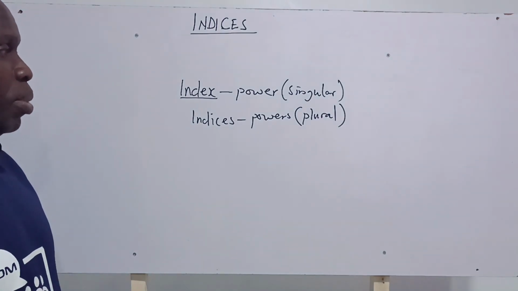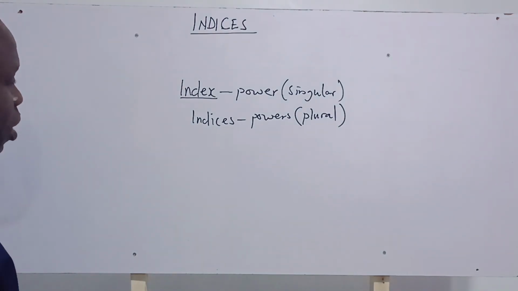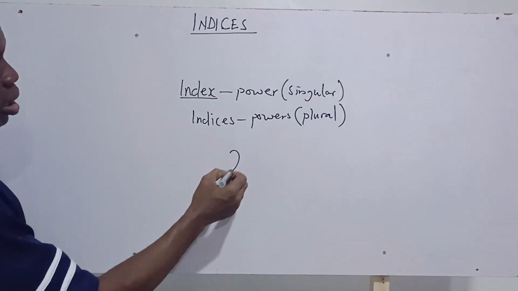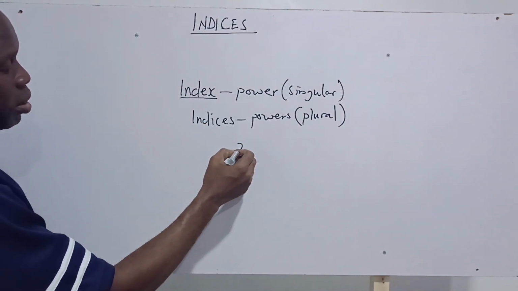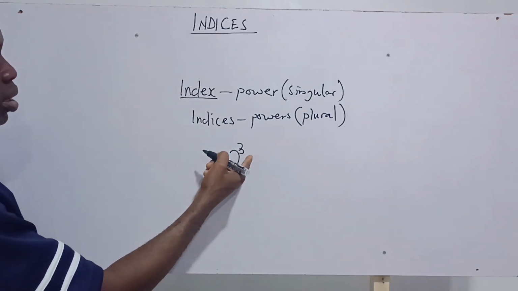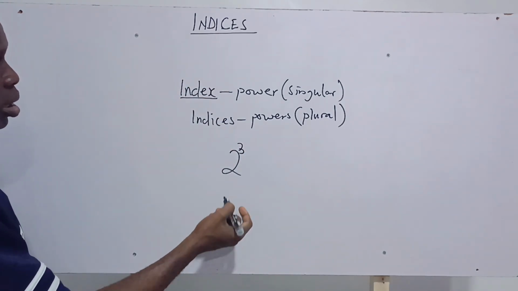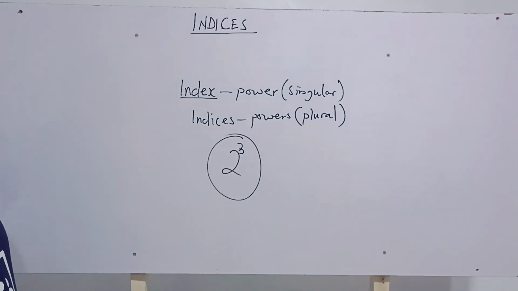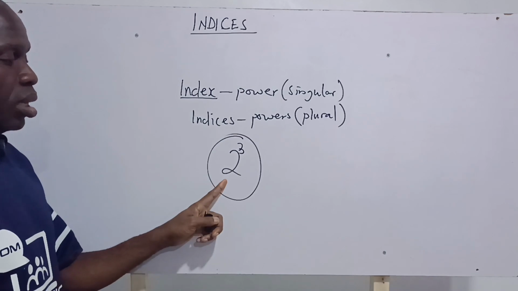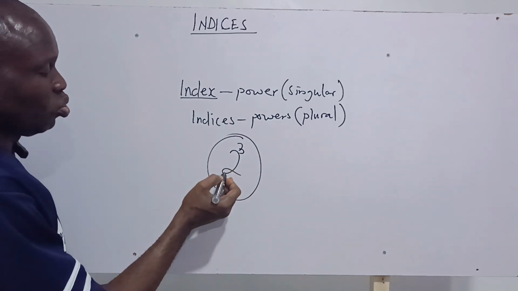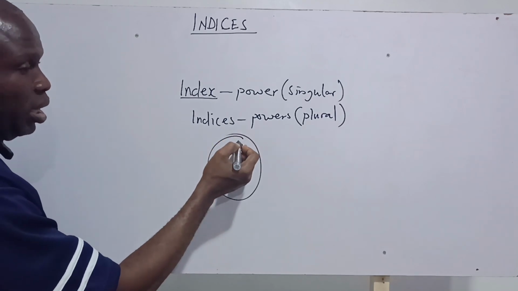And what does power mean? For example, if you are given a number like 2 raised to power 3, this is written in index form, because this 2 is carrying the power of 3.